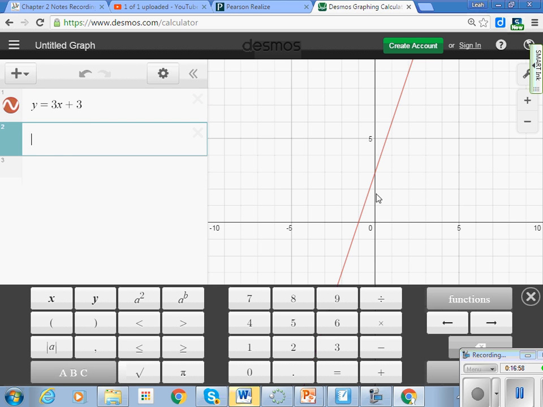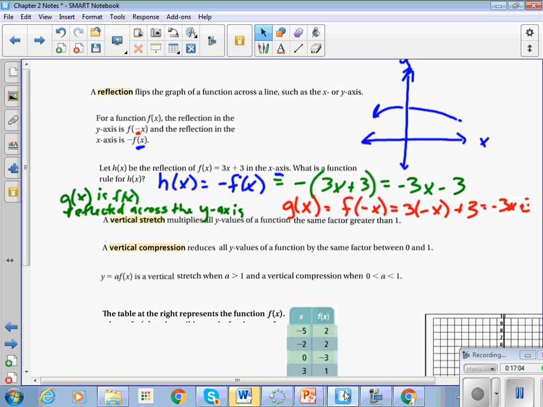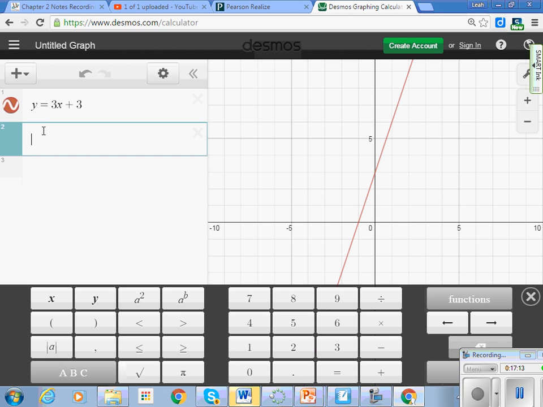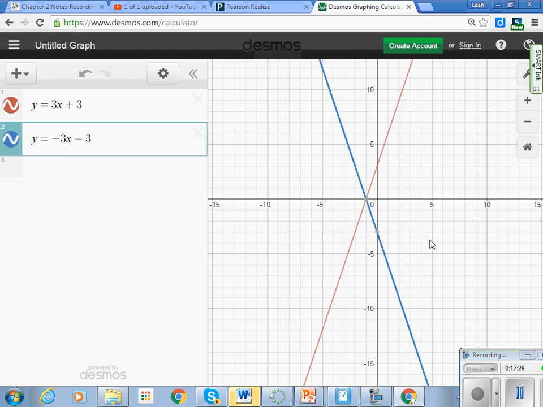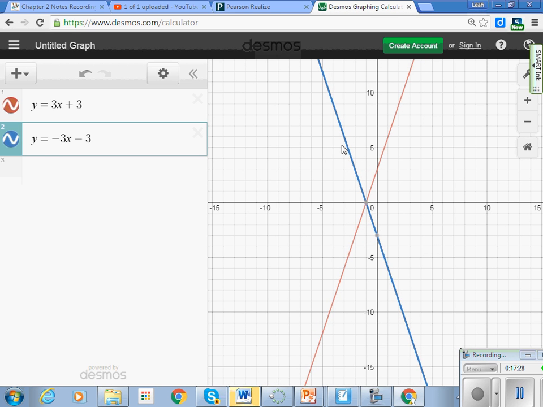We're going to reflect it across. We reflected it across the x-axis first. So we got negative 3x minus 3. And what it did is it took each of these coordinates and mirrored them across the x-axis.